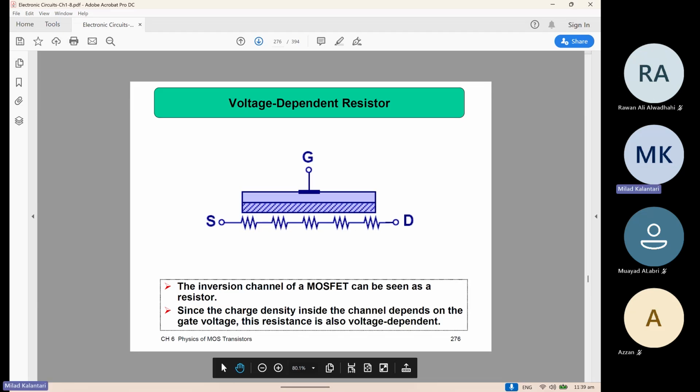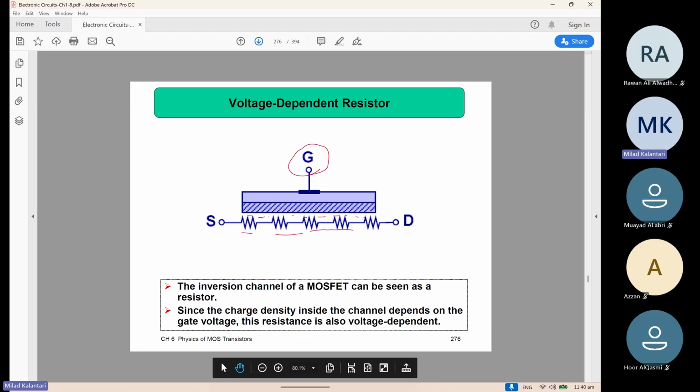In that sense, you can think of the channel like a resistor from left to right. If the gate voltage is not there, then this resistor is too big because it's like an insulator. And once you increase the gate voltage, you are bringing some negative charge right here, and this negative charge can move, so it reduces the resistance value because you can do some conduction, right?